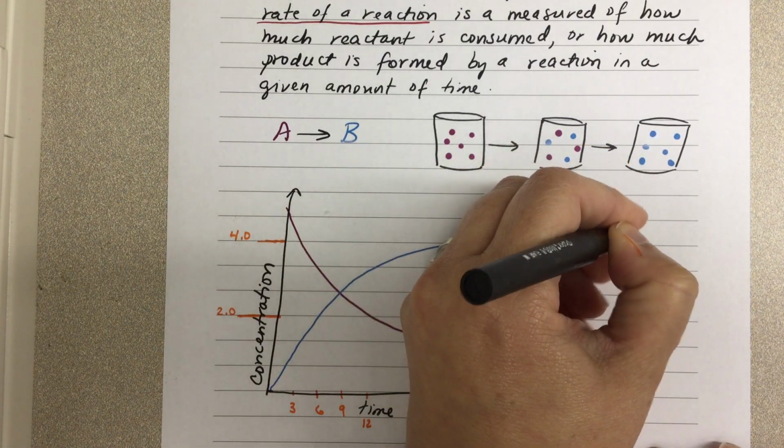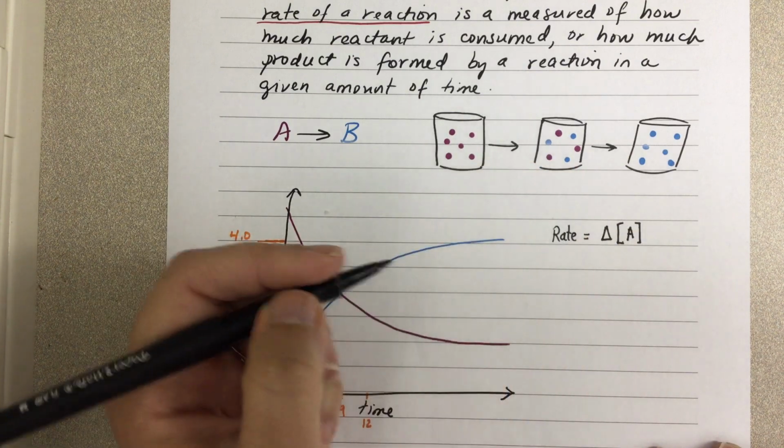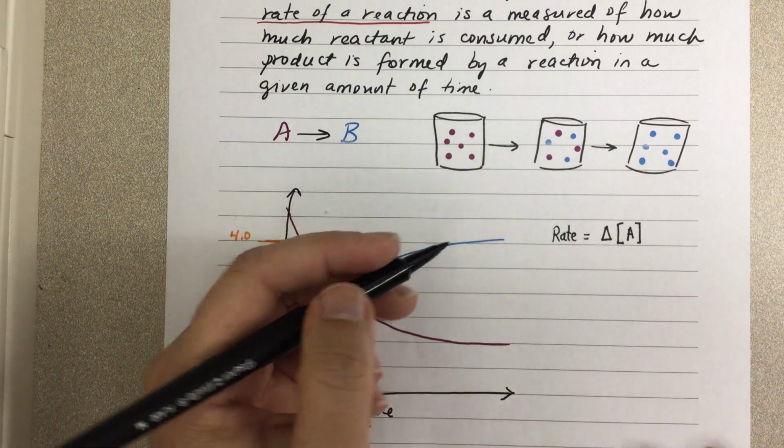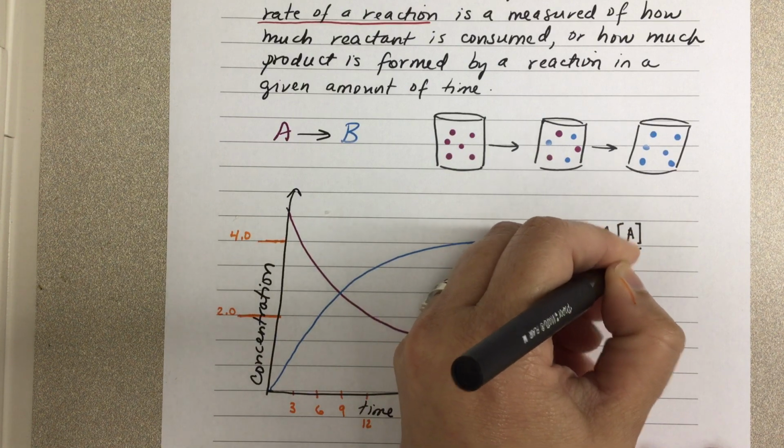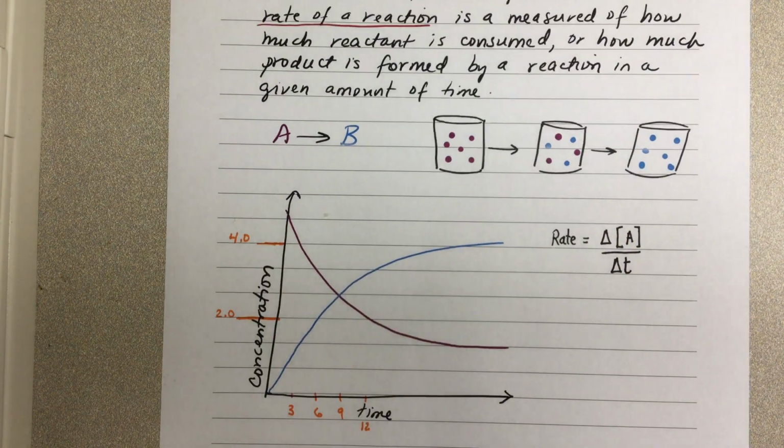Change in the concentration, brackets, is what we use to represent molar concentration, over change in time. Or you can check the concentration of your reactant at two different points over time, and you can calculate the rate looking at the difference in the concentration and the time.